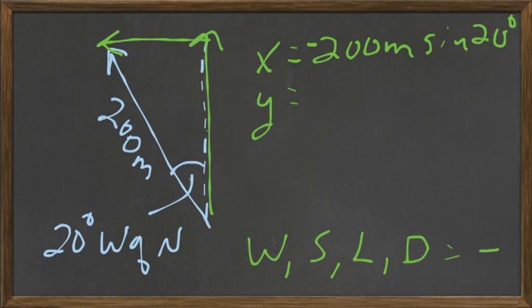Adjacent side to the angle, I'd use the cosine function, 200 cosine of 20 degrees. And working with my calculator, I would get my information, and I would know the value: negative 200 meters sine 20, or if I want to say 200 meters sine 20 to the west, fine, positive 200 cosine 20, or 200 cosine 20 north, and get my answer and roll from there.